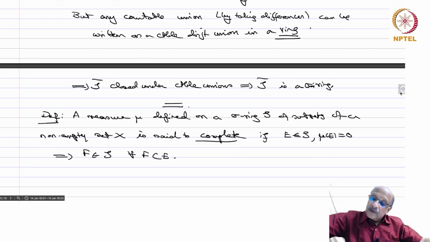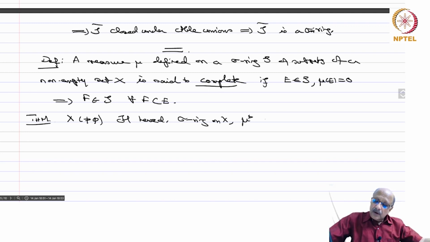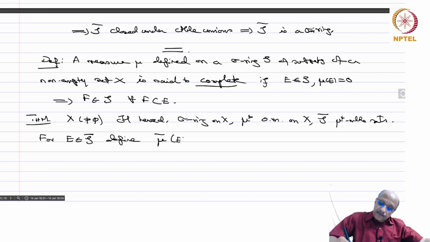So we have the following theorem which we've almost proved. X non-empty set, H hereditary sigma ring on X, mu star an outer measure on X, S bar the mu star measurable sets. For E in S bar, define mu bar of E equals mu star of E. It's the same, I'm just saying.